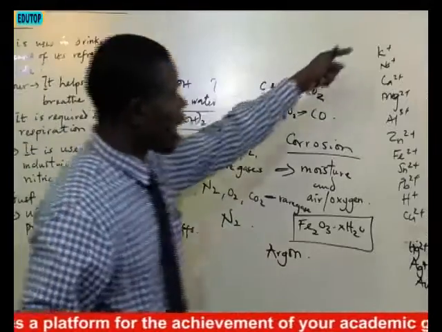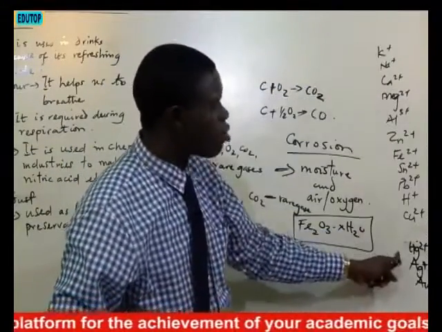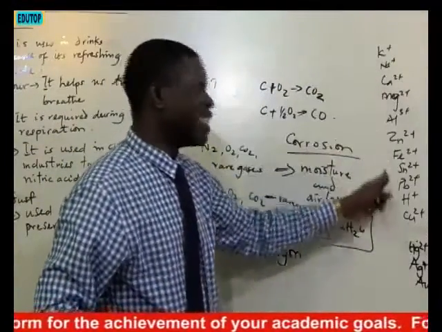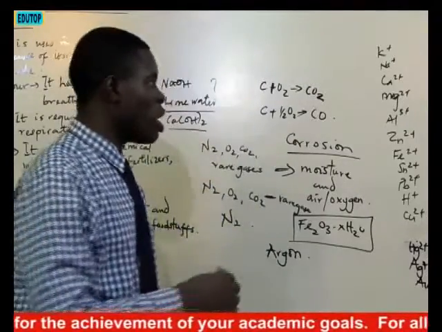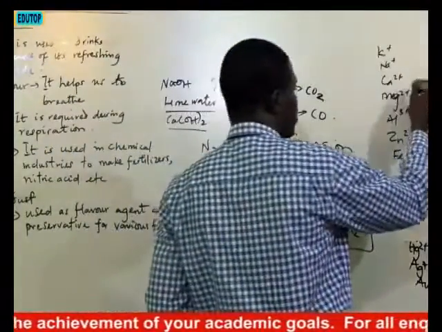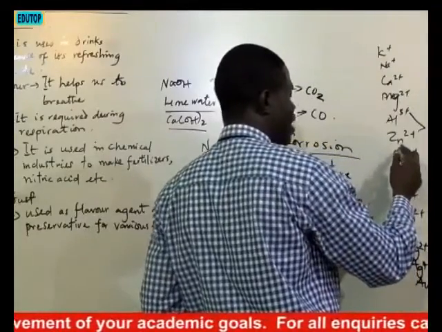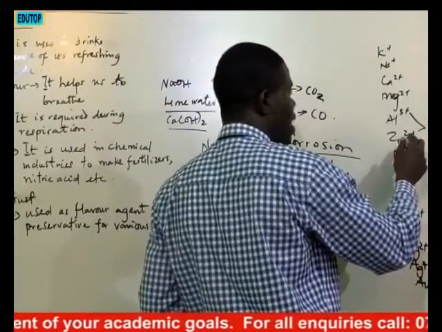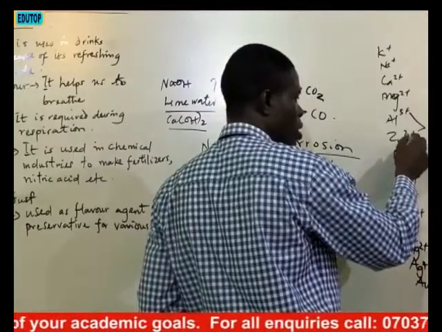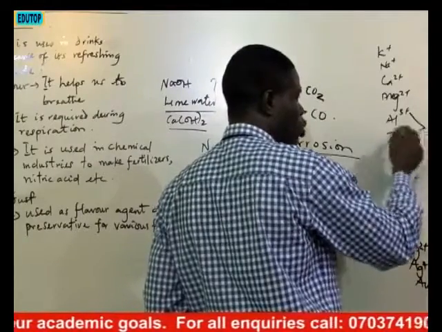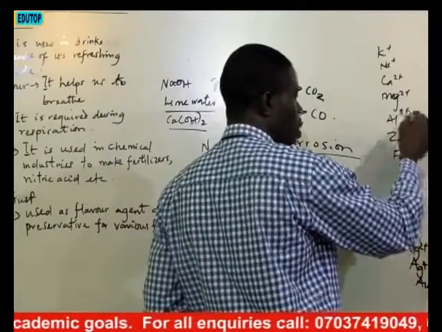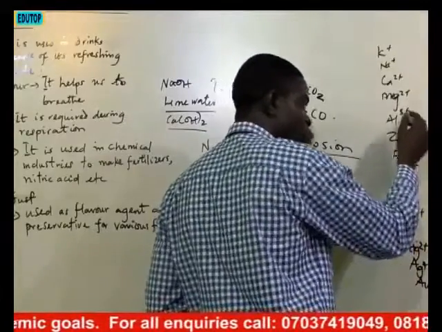So if you look at this, as you are coming down this trend, the reactivity decreases. Take note of that. So if two ions compete for discharge, let's say this and this, it means that this one will easily corrode, because this one will be susceptible to corrosion relative to this.